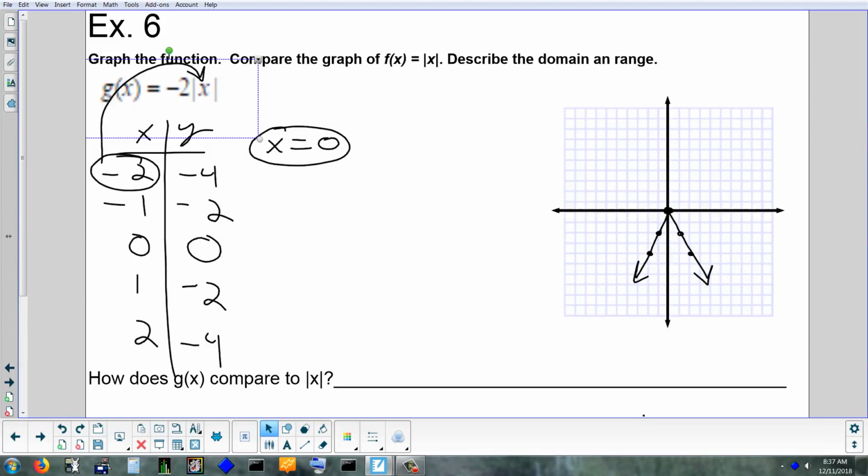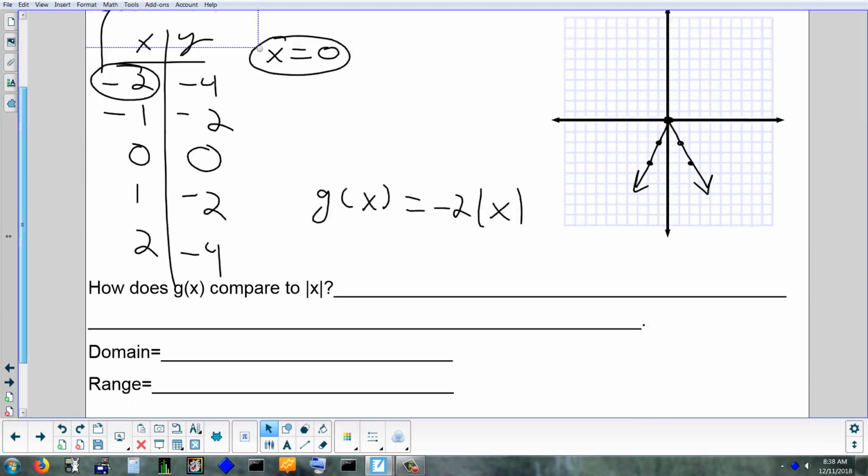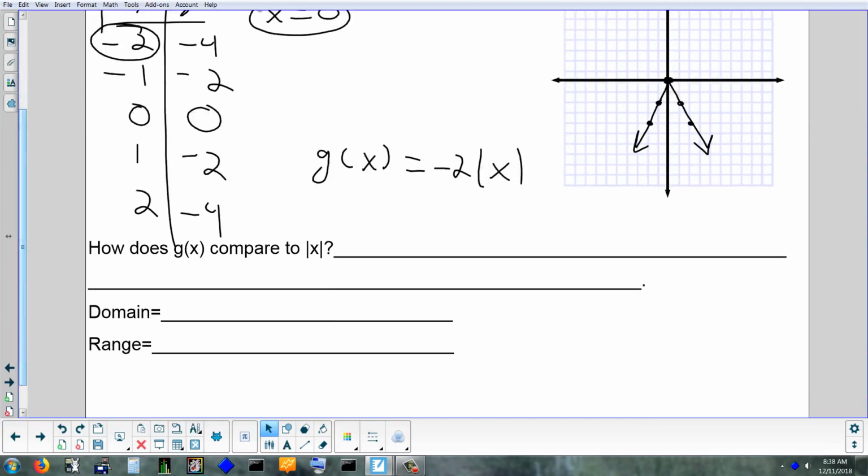Now, let's compare it. Let me write it again right here. How many transformations are happening there? 2. If you look back at your order, always start with this one. Ignore the negative for now. What's that 2 going to do? It's multiplication on the outside. Would it be multiplied by x?